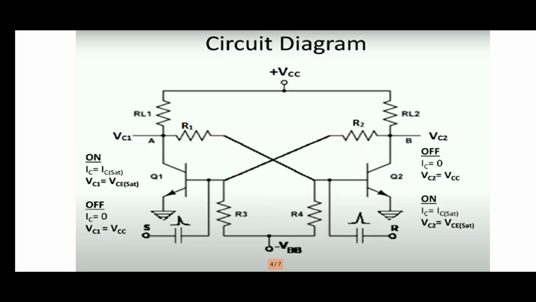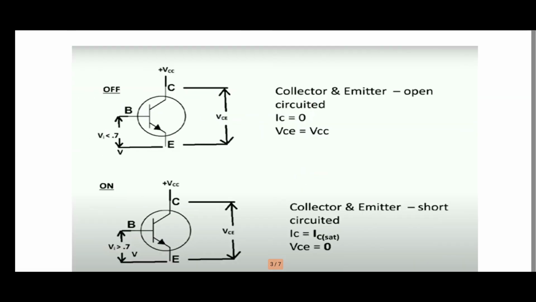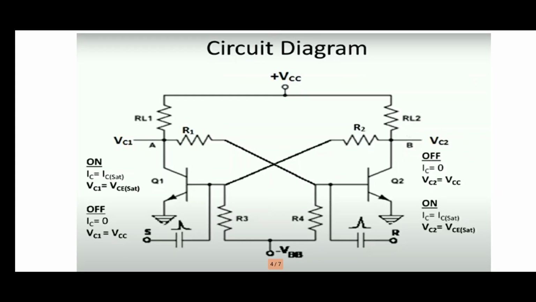As I explained in the previous slide, if the Q1 transistor is on, the collector terminal and emitter terminal of Q1 are short circuited, so the collector current is IC saturation, and the collector voltage of Q1, VC1, is equal to VCE saturation. That is almost 0. The value of VC1 is 0.